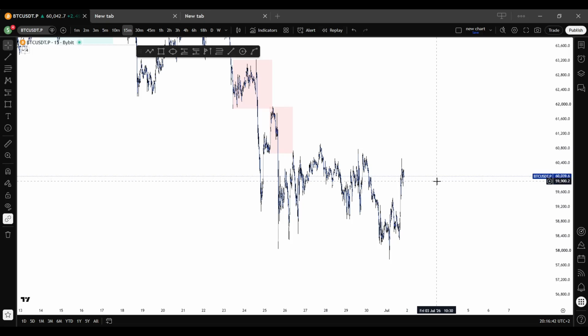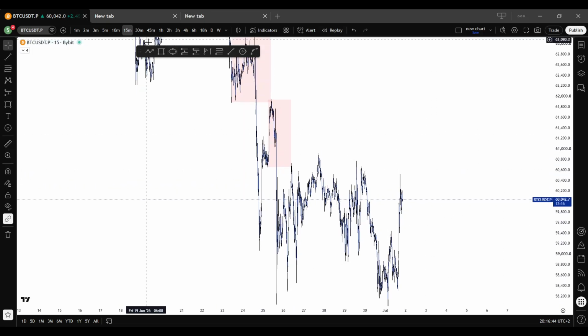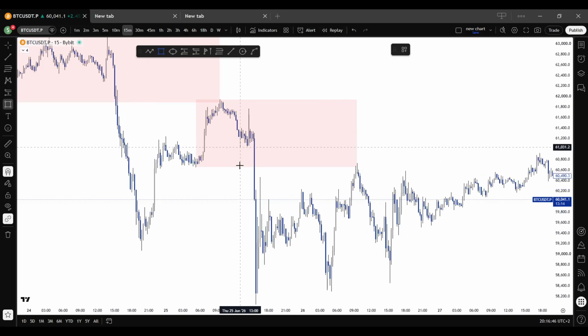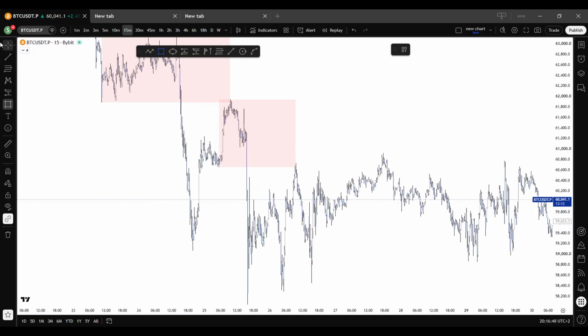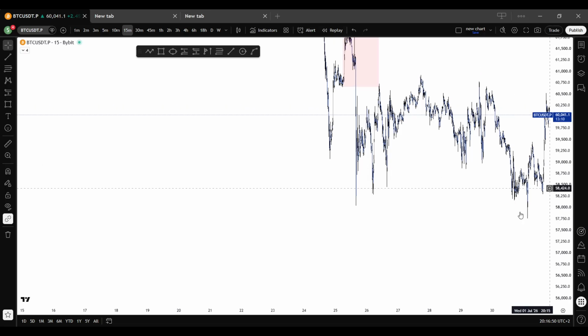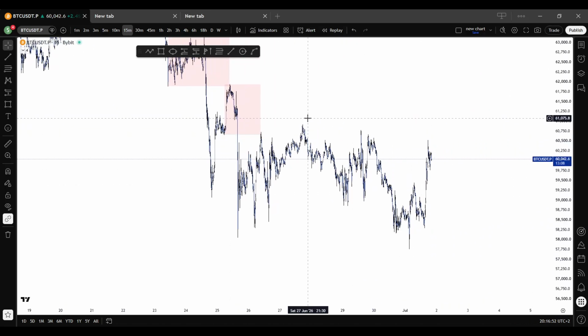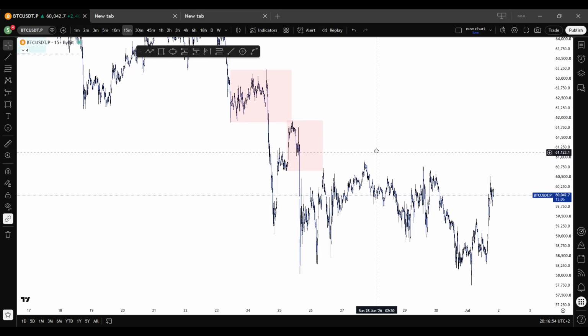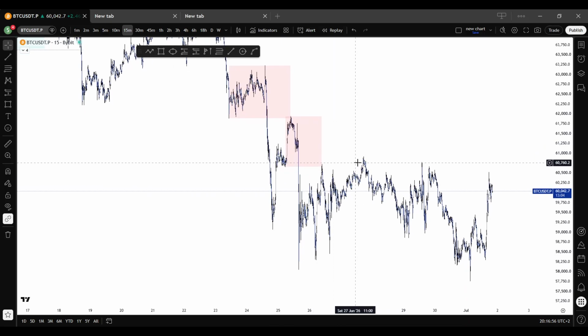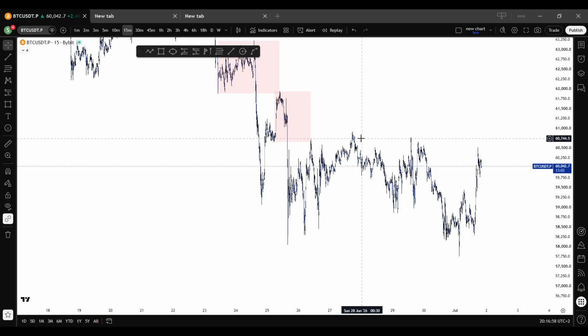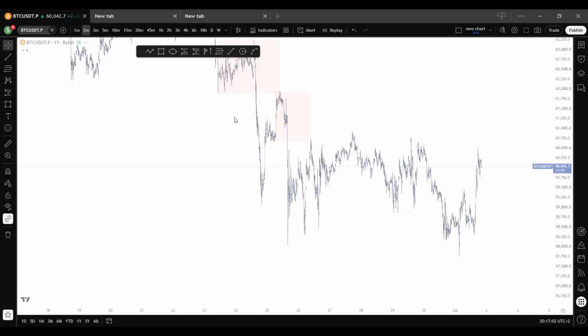Then we also had, was it this one? I think I've got to open my notes because I really can't remember. Oh yeah, it was around here. Yeah, I remember there was a key level.